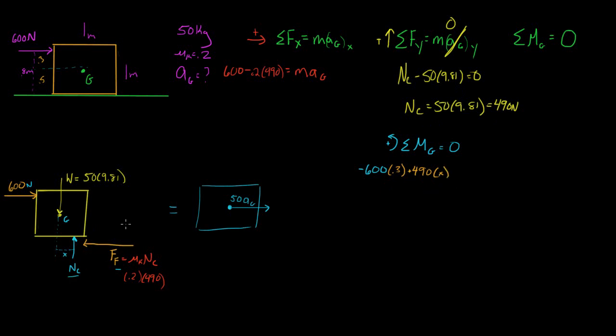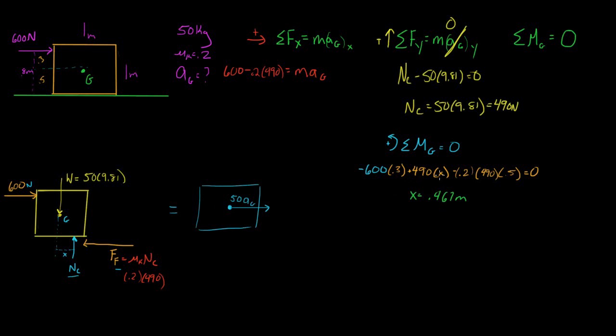And this frictional force is going to go tail first, and it's going to be a minus 0.2 times 490 times 0.5. And this is equal to 0. So with this equation, we can solve for what x is, and we get x is equal to 0.467 meters.